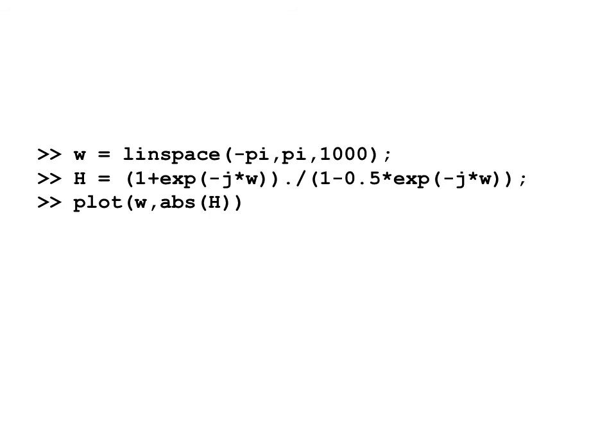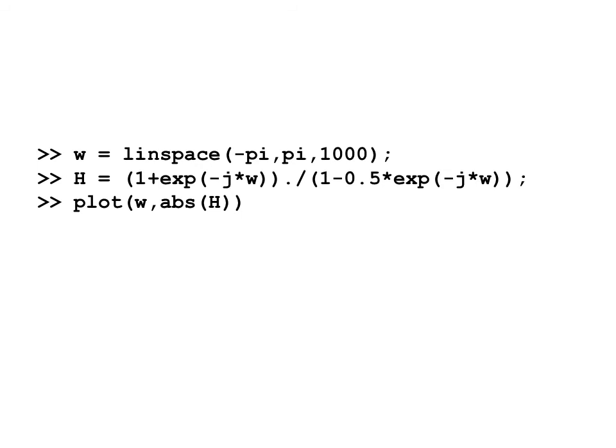It's typically plotted on a linear frequency scale and over one period. So the period that I chose here is the one from minus pi to pi, and 1,000 sample points over that range, linearly spaced, are selected to form array W, omega.